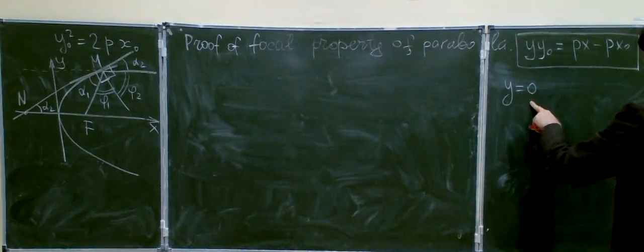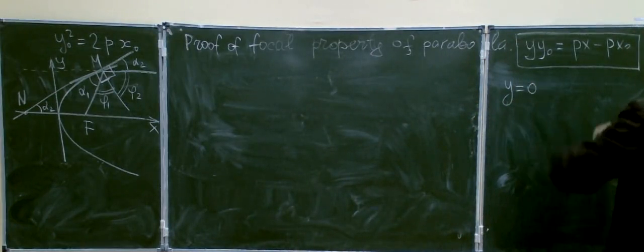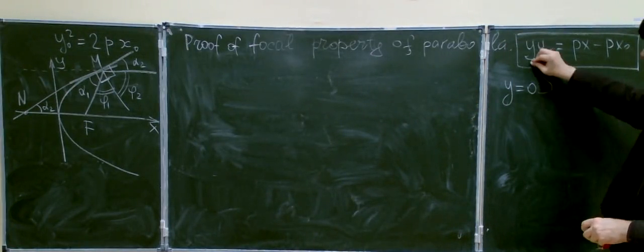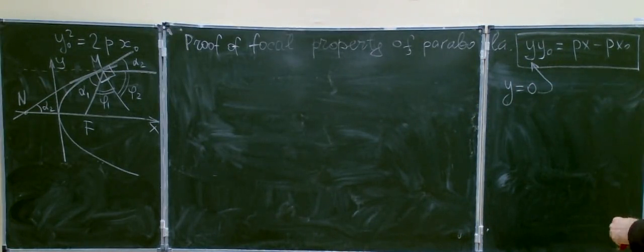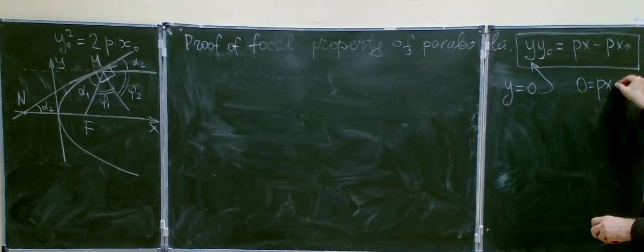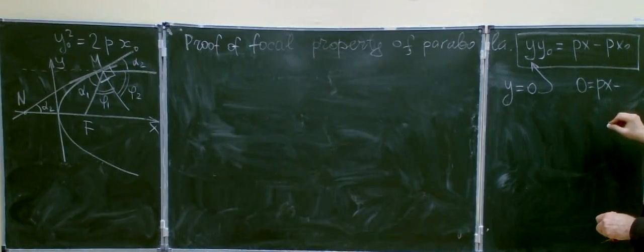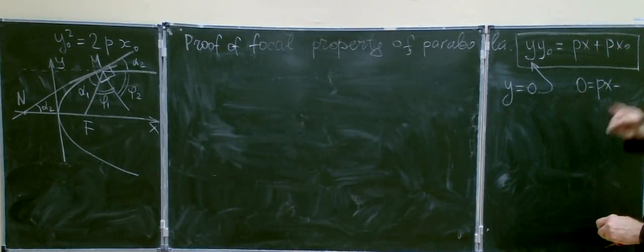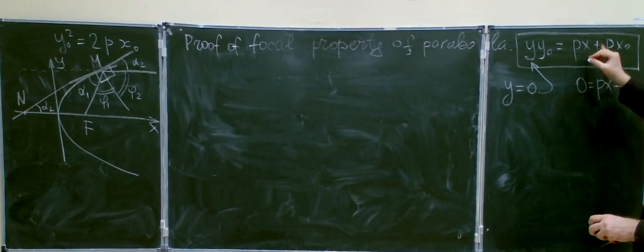And we should substitute this value into our equation of the tangent line. As a result, we find that the left-hand side of this equation vanishes, and we find that 0 is equal to px plus, oh, I'm sorry, here the plus sign should be here, not minus, but plus.